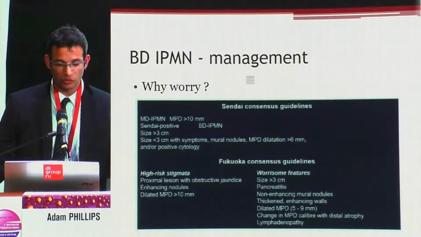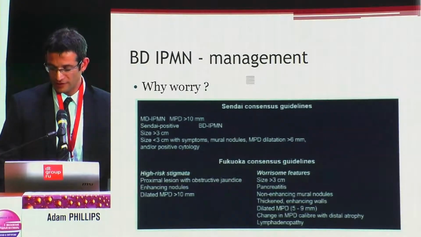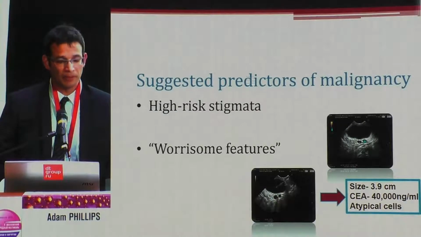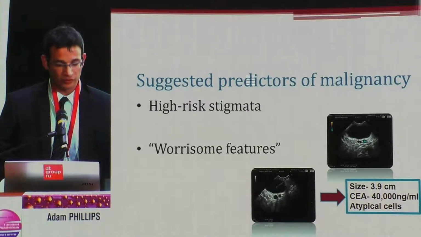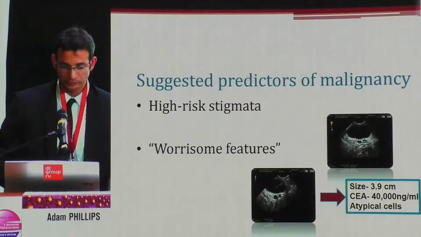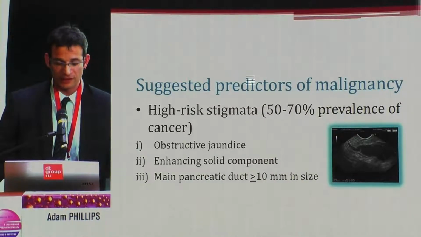Afterwards, we have the revised Sendai in 2012. The revised Sendai tried to predict malignancy by dividing these patients and the criteria into high-risk stigmata and worrisome features. In high-risk stigmata, the prevalence of malignancy is 50 to 70%.